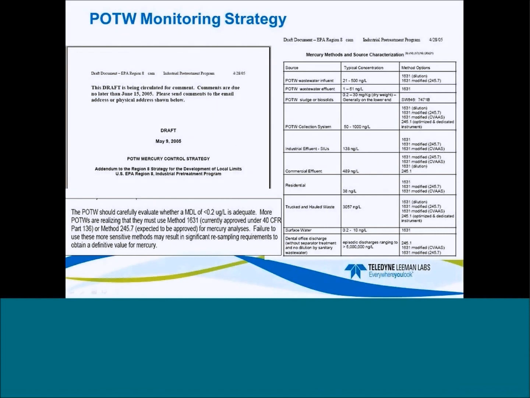If you look at a table that's within this document, you can see that depending on the typical concentrations that they're expecting, methodology will either be 245.7, 1631, or 245.1 if the concentrations are high enough to allow that technology. So any one of the three methods may be used, but again, depending on the expected concentration of the mercury in the sample.